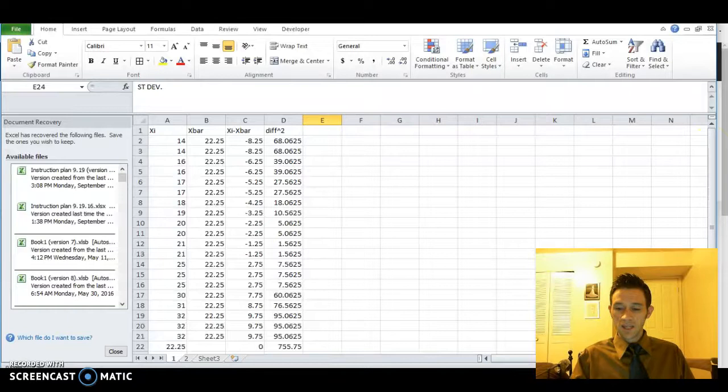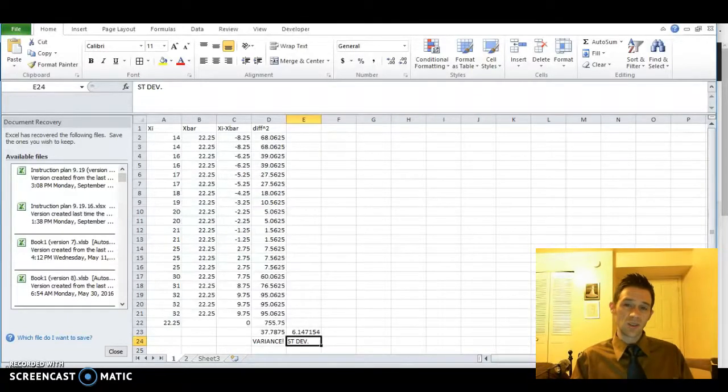And what this does is tell you what the ruler is going to look like for this data set. In this case, your ruler, your unit, is 6.15, if we round up, miles per hour. You should realize that standard deviation keeps the unit of measurement of your xi's here. So 6.15 miles per hour is the ruler for this data set.